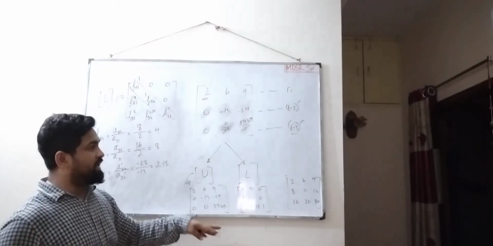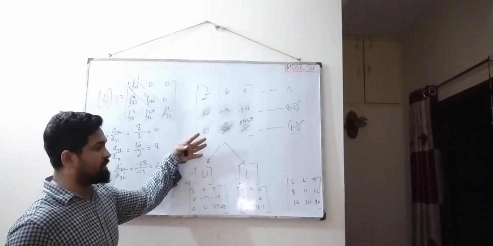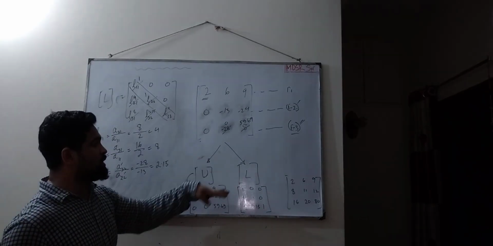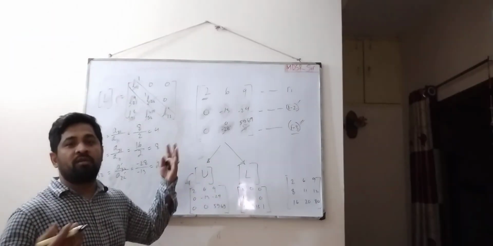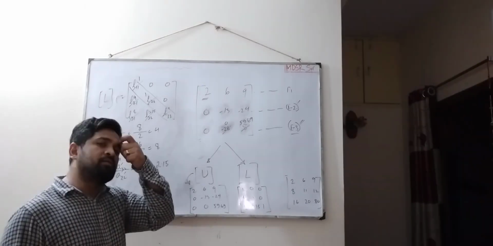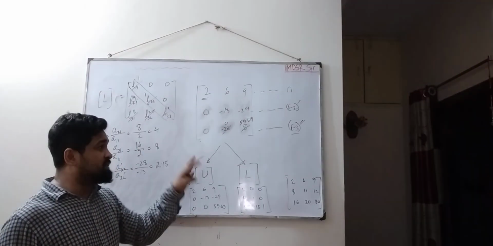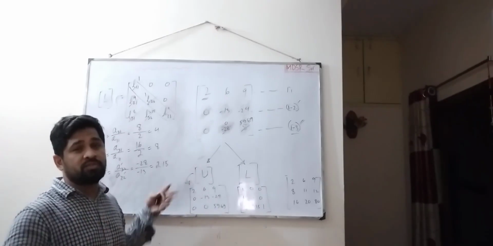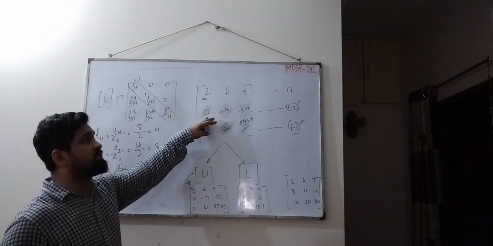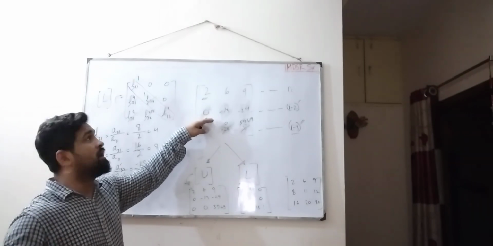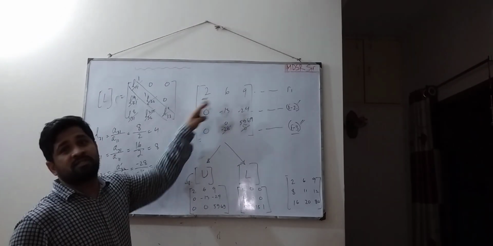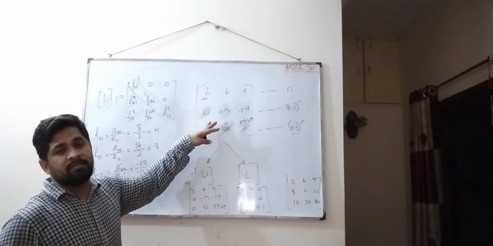Next lecture we will cover how to use these two matrices to solve a set of linear equations. In this part, we just decomposed a given matrix that can come from a set of linear equations. These are nothing but the coefficients of a linear equation.